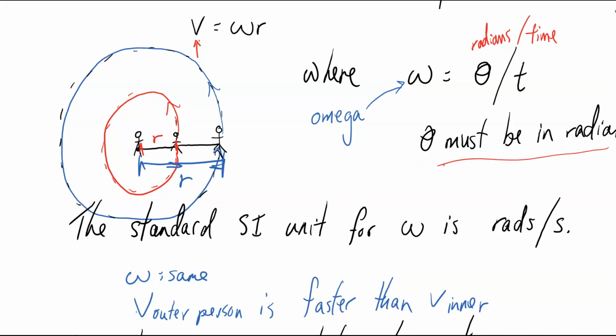Often this information doesn't come to us in radians per time. It comes to us in rotations per minute. So we have to convert rotations per minute into radians per minute. The standard SI unit for angular velocity is radians per second. We will use various ones, but just so you know, this is a standard.